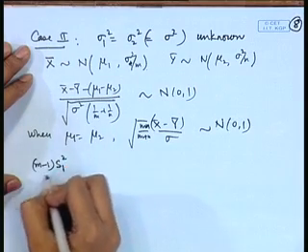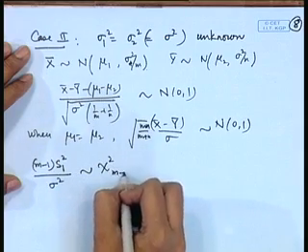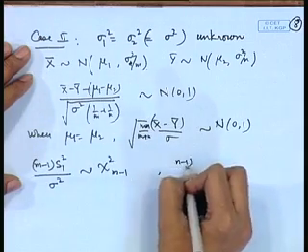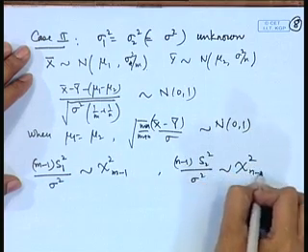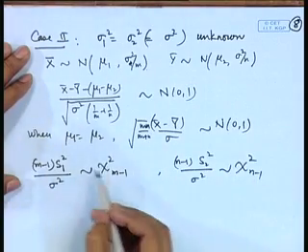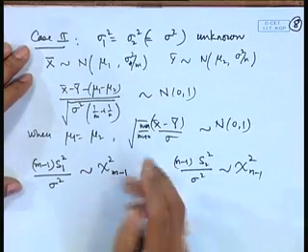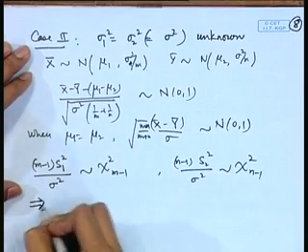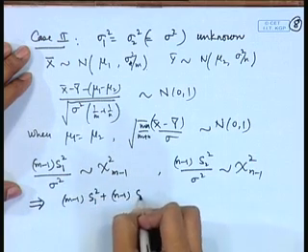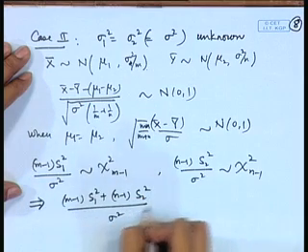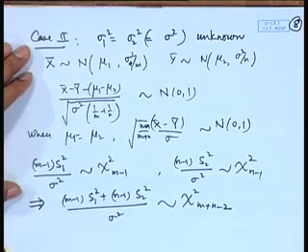In fact, m minus 1 times S1 square by sigma square follows chi square distribution on m minus 1 degrees of freedom, and n minus 1 times S2 square by sigma square follows chi square distribution on n minus 1 degrees of freedom. Since the samples are independent, these statistics are independent, and therefore, by the additive property of the chi square distributions, m minus 1 S1 square plus n minus 1 S2 square by sigma square follows chi square distribution on m plus n minus 2 degrees of freedom.